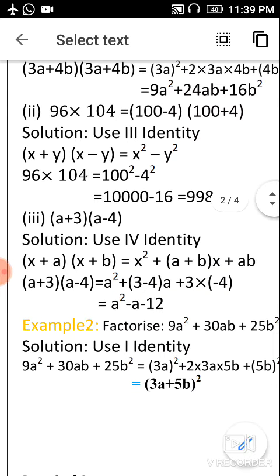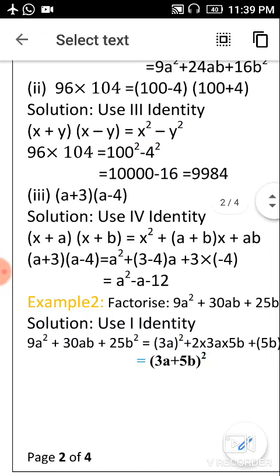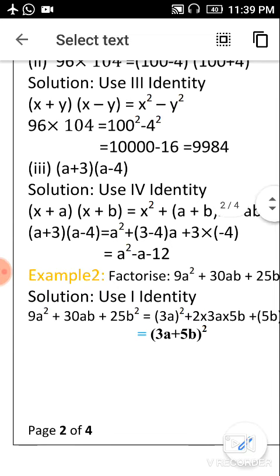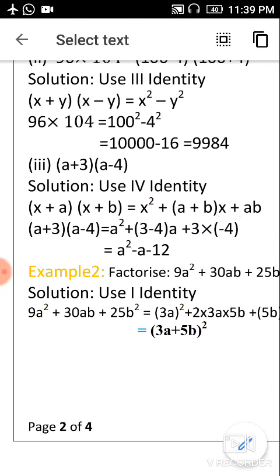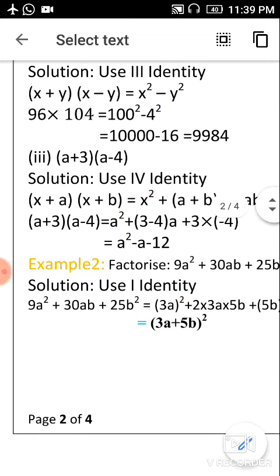Both have the same number, but a minus sign is there, so you have to use the third identity, that is (x + y) into (x − y) equals x square minus y square. So 96 into 104 equals 100 square minus 4 square. 100 square is 10,000 minus 16. If you subtract 10,000 minus 16, you will get 9984.